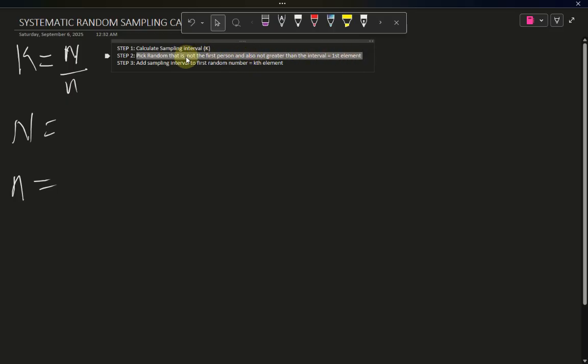Step 2, you pick a random number that is not the first person on the sampling frame, but also not greater than the sampling interval you will get. It shouldn't be greater than that number.